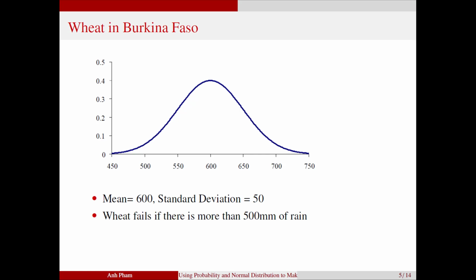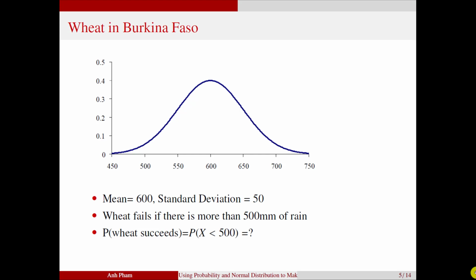Wheat fails if there is more than 500 milliliters of rain. So what is the probability that wheat succeeds? It's basically asking for the probability that the amount of rain is going to be less than 500 milliliters.